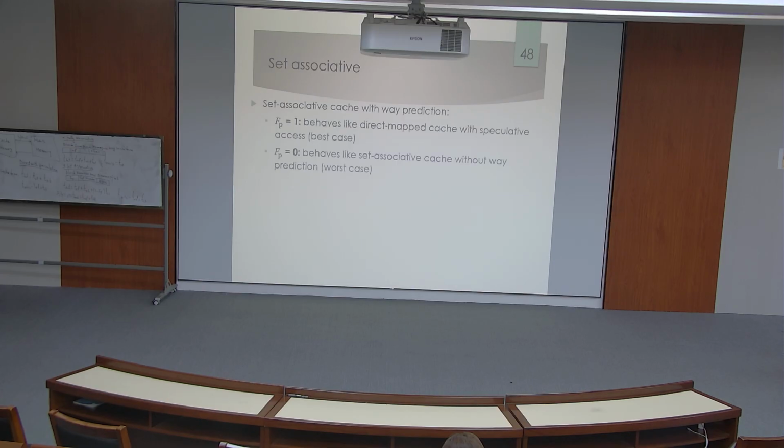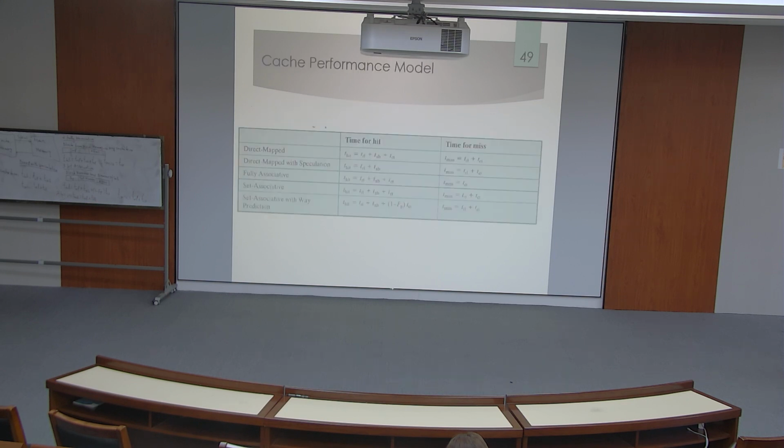Now, if fp equals to 1, it behaves like the direct map cache with speculation, and this is the best scenario. If fp equals to 0, we have a set associative cache without any prediction, and this is the worst scenario.